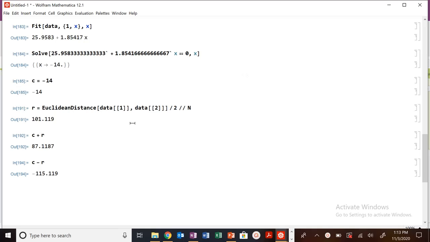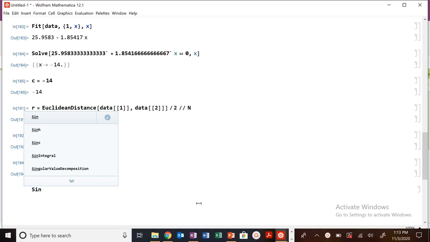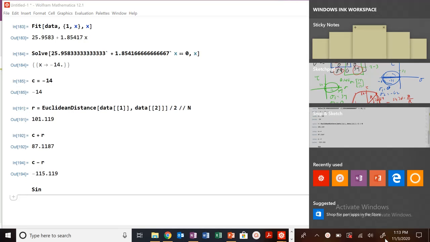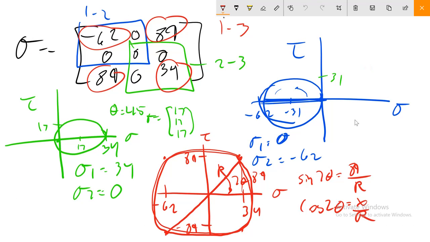Principal stress states, and actually we could solve for our theta value as well. Let's write these values down first: 87 and minus 115 approximately. So here my sigma 1 is going to be around 87, and my sigma 2 is going to be minus 115.